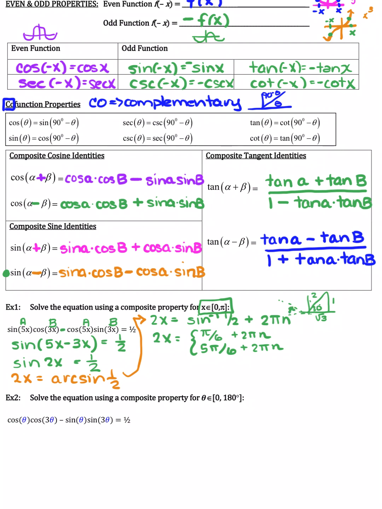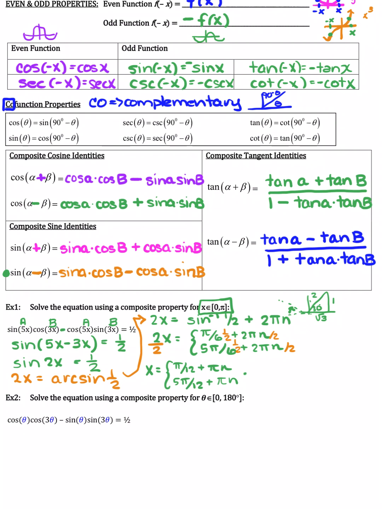All right, we're almost done with our general solution, but we have to divide everything by 2, and that goes to everybody. Divide by 2, divide by 2. So my general solution is going to be pi over 12 plus pi n, and 5 pi over 12 plus pi n.